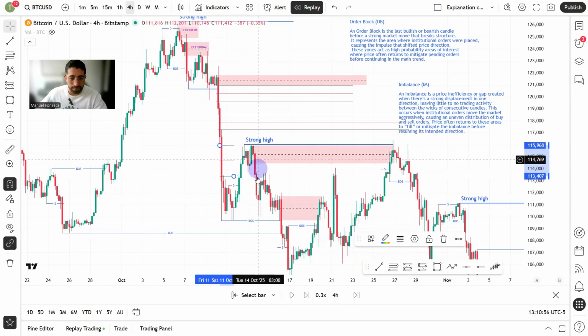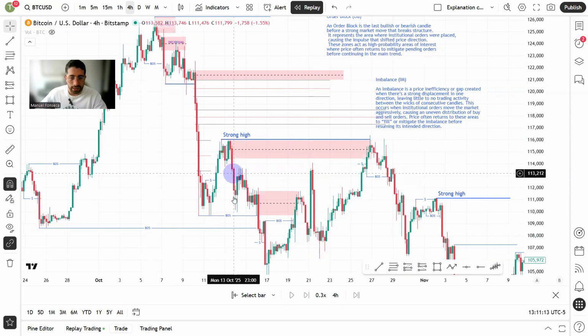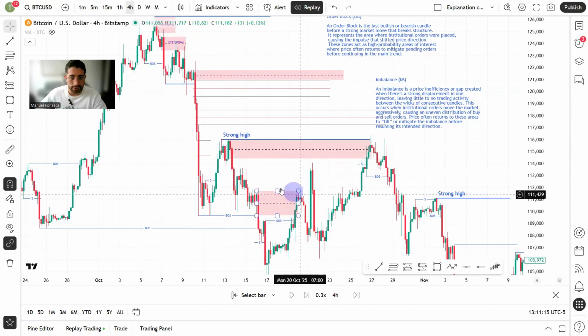But after entering this zone, the price made a break of structure, and then it broke the market range. So it means that we are facing a new strong high, right?